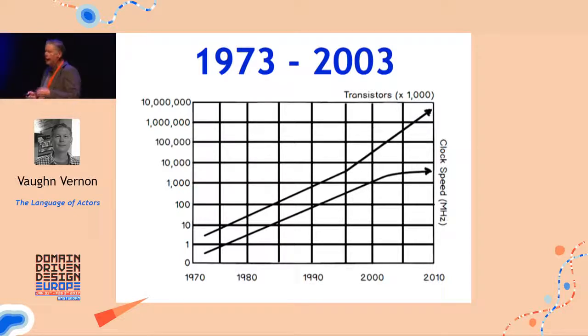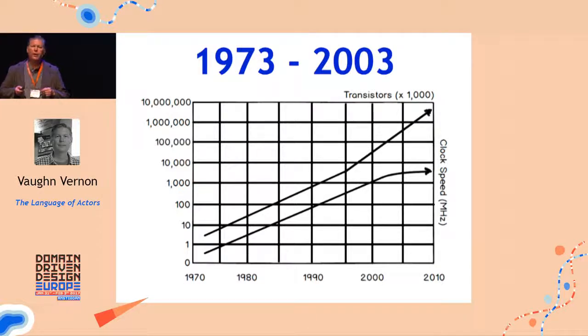And this trend continued. It's called Moore's Law, right? This trend continued up until about 2003. Now notice that on the left-hand side of this grid, the top arrow shows that the number of transistors added to microprocessors continued to grow, and I believe it still continues to grow.